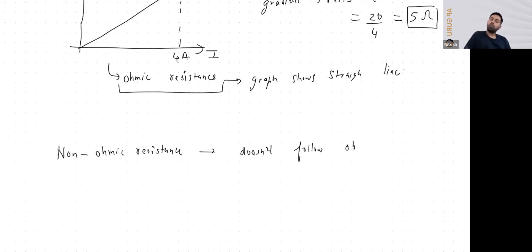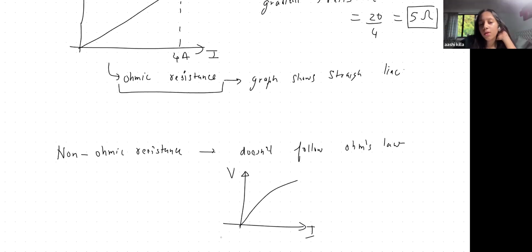If you draw the graph between V and I, it will no longer be a straight line. It's always going to be something like a tilt. So if it's a straight line, we call it ohmic resistance. And if it's not a straight line, maybe a curve, parabola, anything, that's an example of non-ohmic resistance.